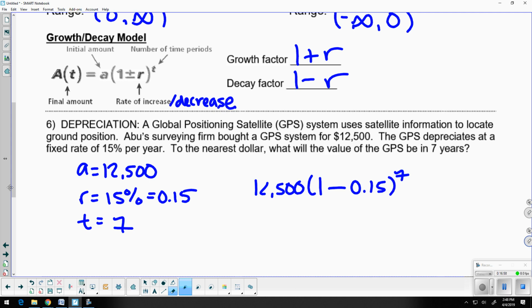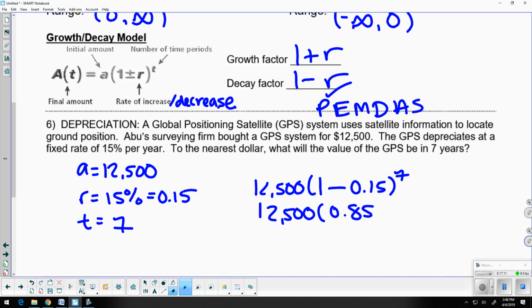So just going through and calculating, just remember order of operations. So your PEMDAS, please excuse my dear Aunt Sally, you want to do the parentheses first, so just subtracting. So when you subtract, that's going to be 0.85. Next thing you'd want to do is the exponent. That comes next. Figure out the exponent. And then the last thing is just simply multiply it by 12,500.